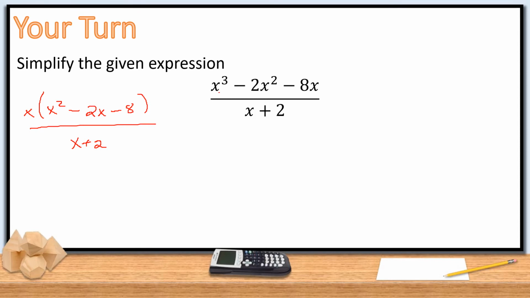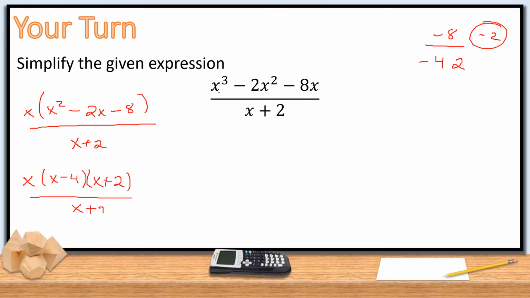Factors of negative 8 that add up to negative 2, that would be minus 4 and positive 2. So the top line would be x times x minus 4 times x plus 2, all over x plus 2. The x plus 2's cancel, so I'm left with x times x minus 4.